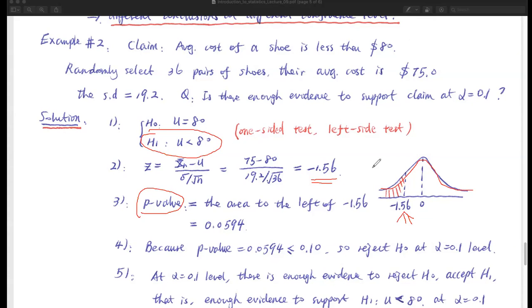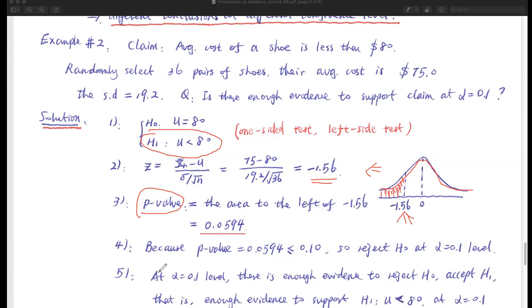That means to the left. So starting from this point to the left, this area is the probability we are looking for. If you have the z-table, you can find it directly: negative 1.56 corresponds to 5.94%. So that is our p-value.